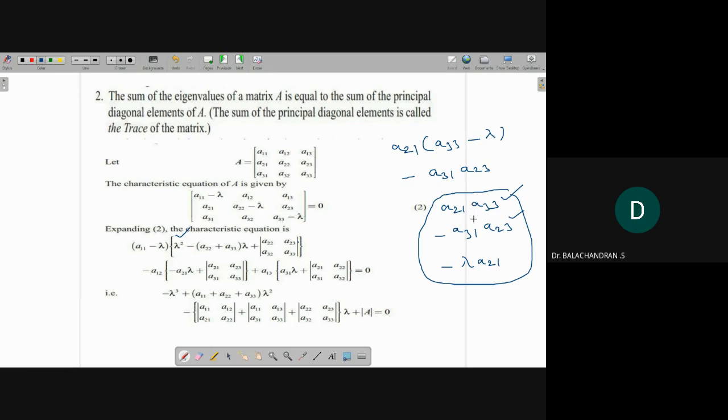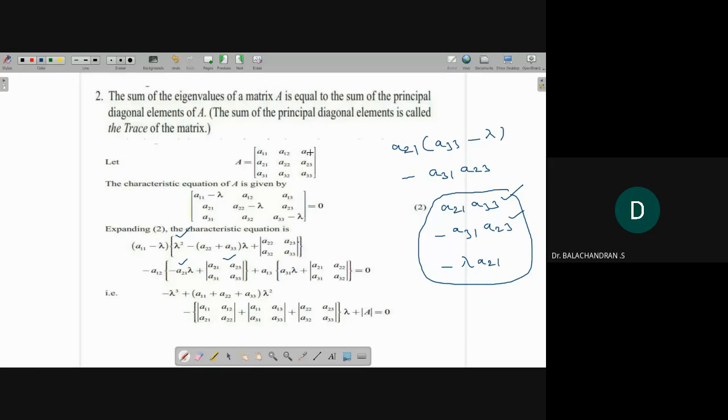And then look here, minus lambda into A21. We got these two expressions, minus A21 into lambda, because minus A12 is common. Minus A12 is common, that is into minus lambda into A21. This determinant is coming from these two terms. Okay, I think I explained up to this.